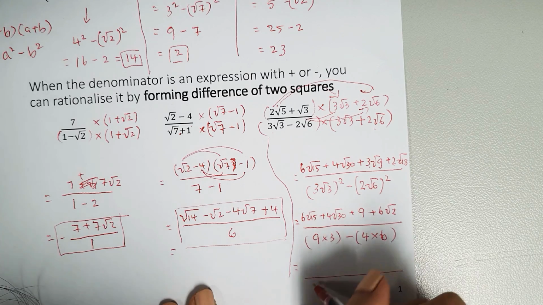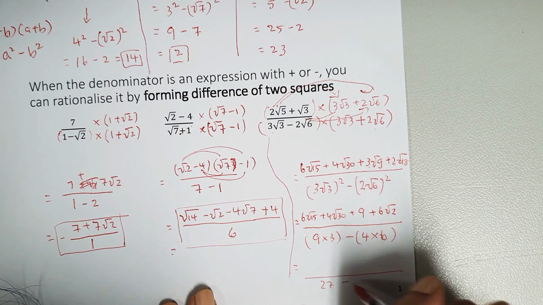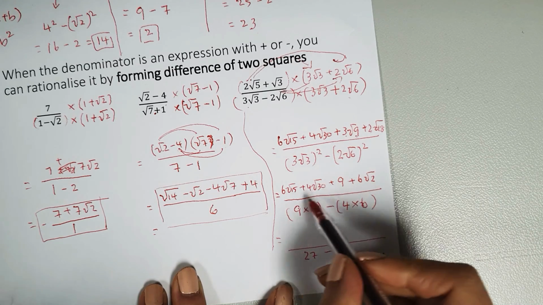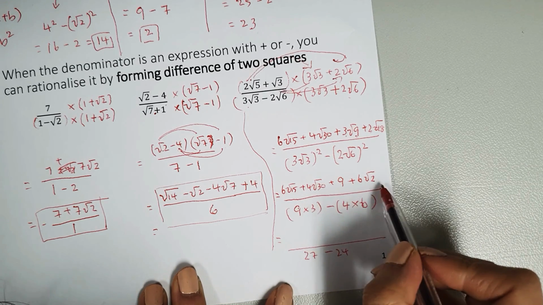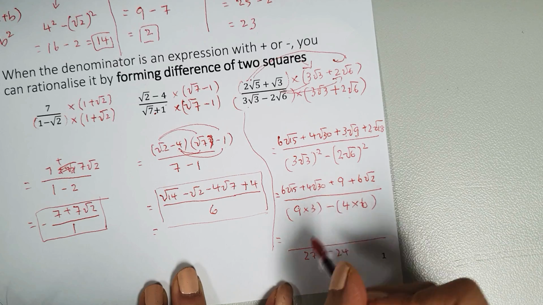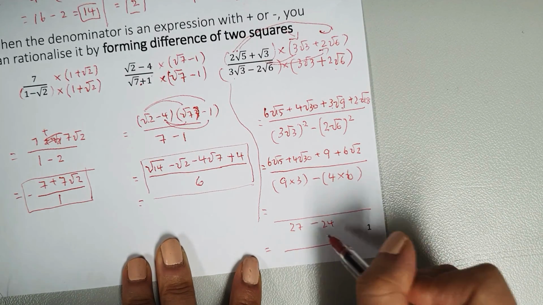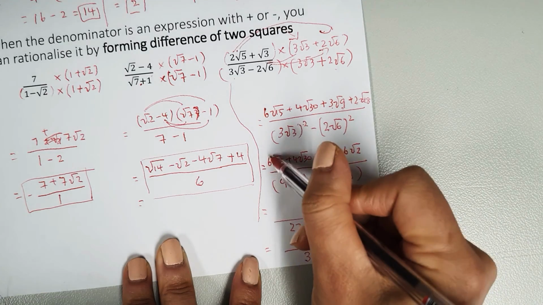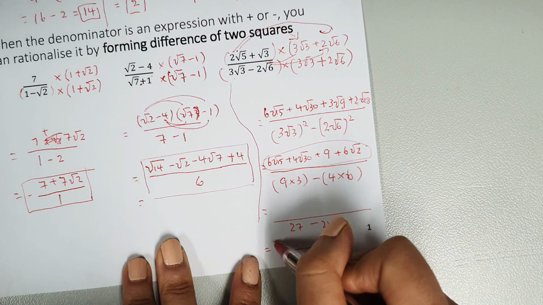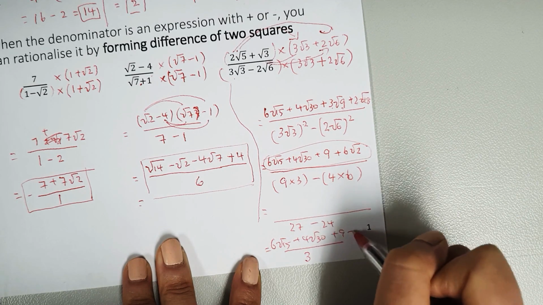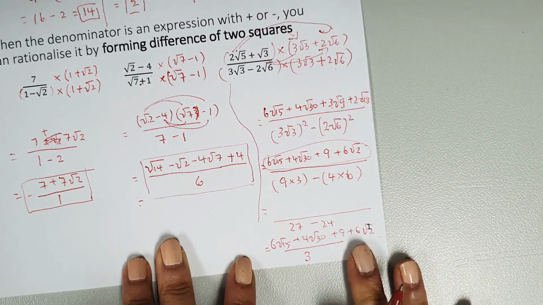So at the bottom, we've got 9 times 3, which is 27, take away 24. And at the top, there is nothing else we can simplify, so we just write it as is. So the denominator is going to be 3, and everything here is going to be written down there. So 6 root 15 plus 4 root 30 plus 9 plus 6 root 2. And there you have it.